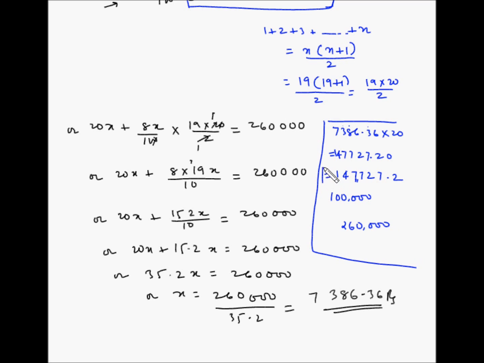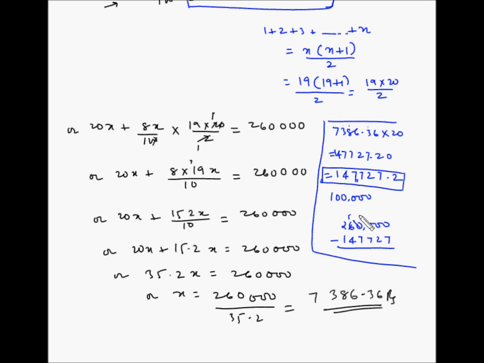But now, because we are paying a monthly installment and avoiding some interest, we are only paying 147,727 rupees. So in a sense, we are saving this much amount. So let's find this out.